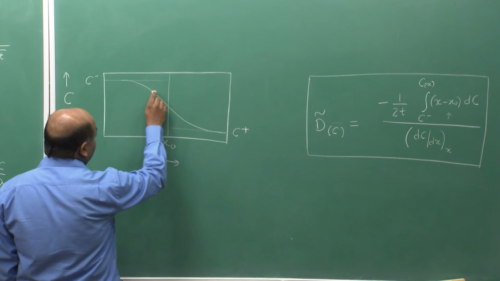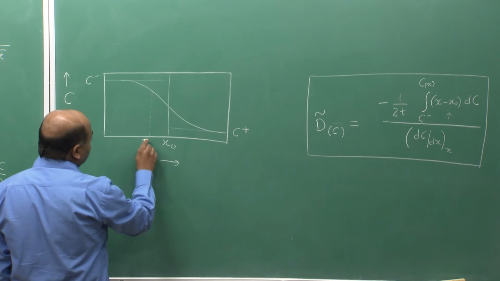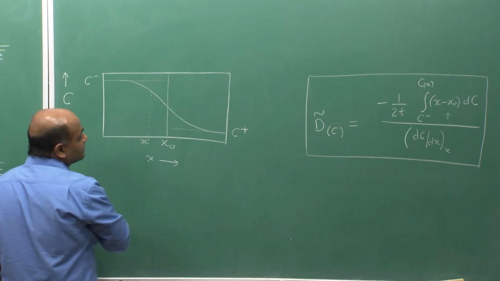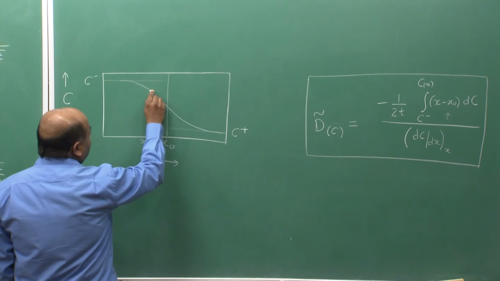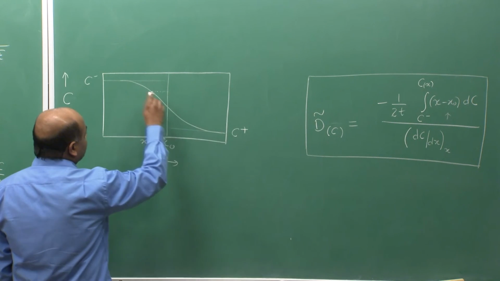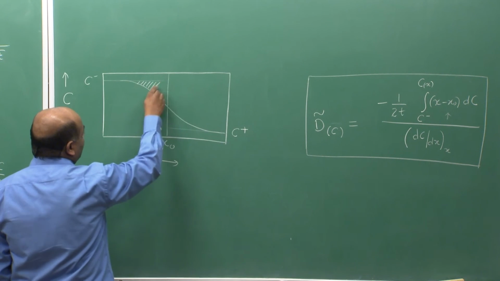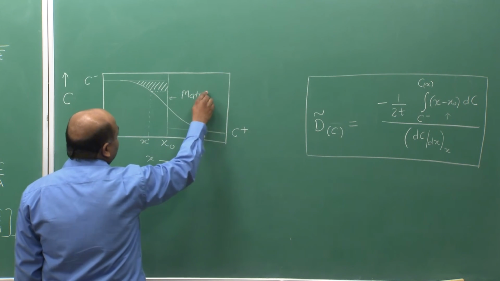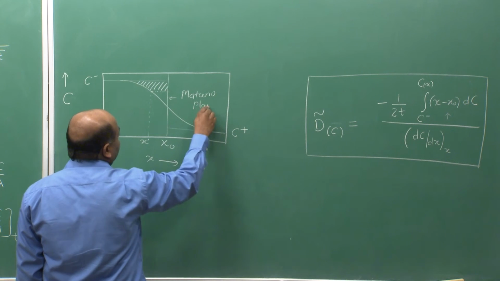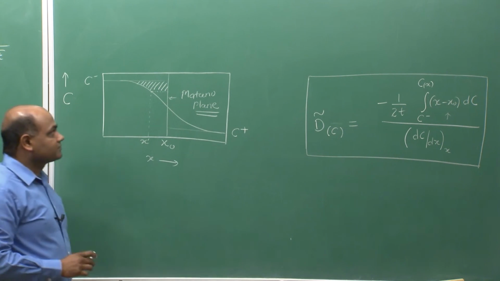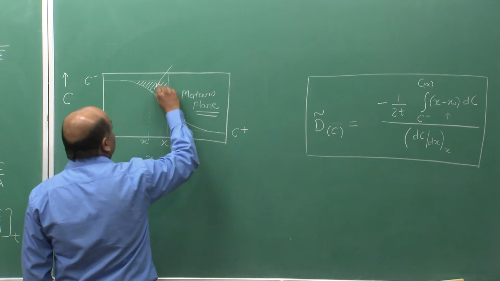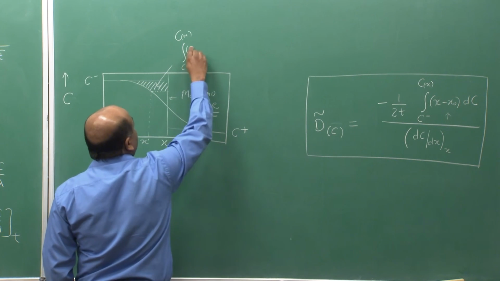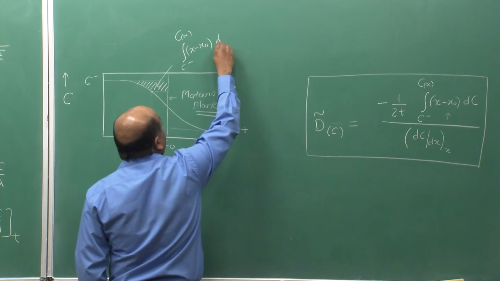So, if we want to find out D tilde at position x, some position x prime, let us call x prime here, then we evaluate this integral. That integral is nothing but the area under this curve drawn onto the Matano plane. This is x naught, or what we call as Matano plane, and this is nothing but the integral from c minus infinity to c at x of x minus x naught dc.